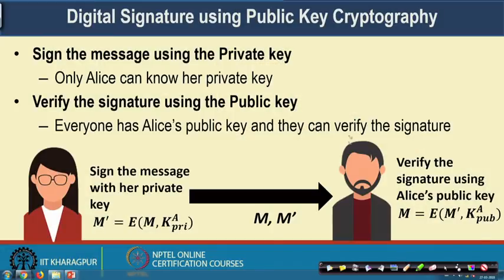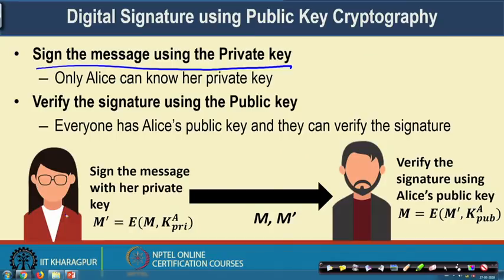So, that way in case of a digital signature, you can use this concept of public key cryptography, where you sign the message using the private key, because only Alice can know her private key, and whenever you are verifying the message, you verify the message using the public key, because everyone has Alice's public key, and using that they can verify the message.